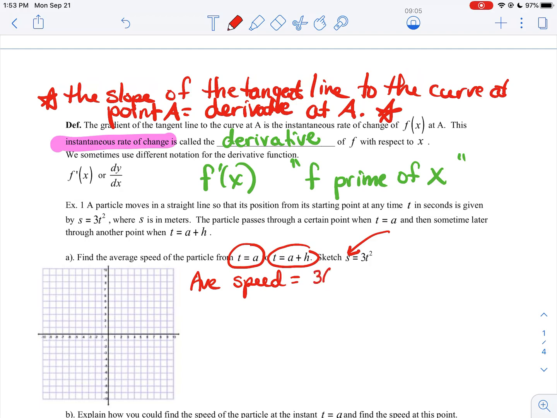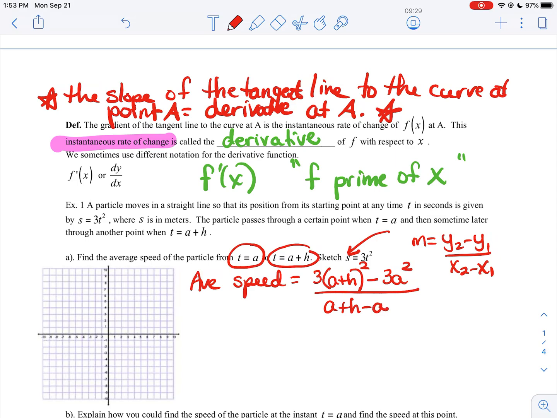So I'm going to do 3, so it's like y2 minus y1 over x2 minus x1. This is what I'm doing. So it's 3 times the quantity a plus h squared minus 3a squared, again, that's y2 minus y1, over x2, which is a plus h, minus a.